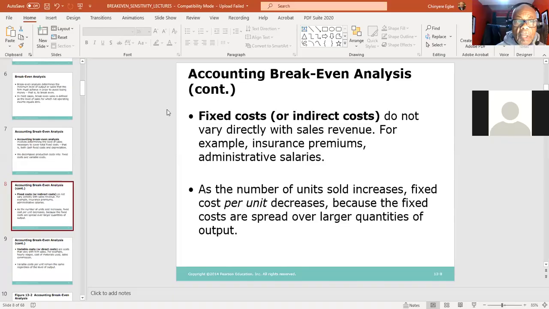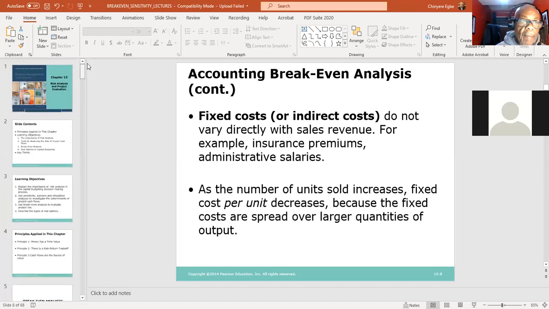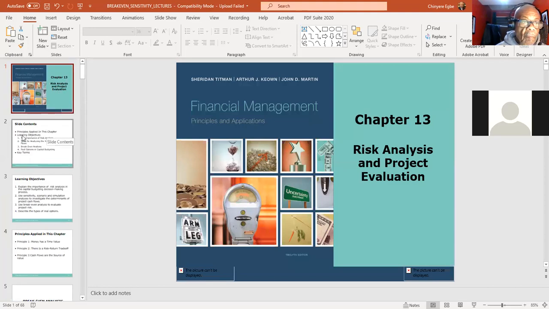So I'm going to share a screen, okay, so this is what we're going to be talking about. This is part of risk analysis in capital budgets.